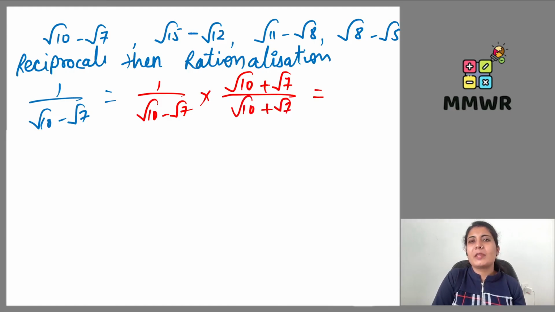This gives root 10 minus root 7 multiplied with root 10 plus root 7. A minus b multiplied with a plus b gives the same denominator 3. And the numerator is root 10 plus root 7.